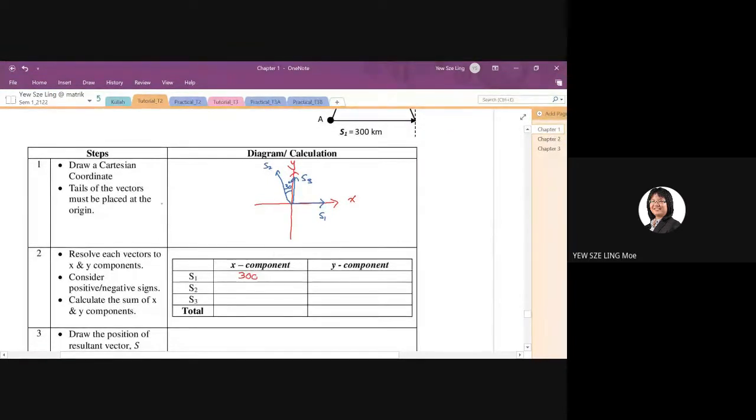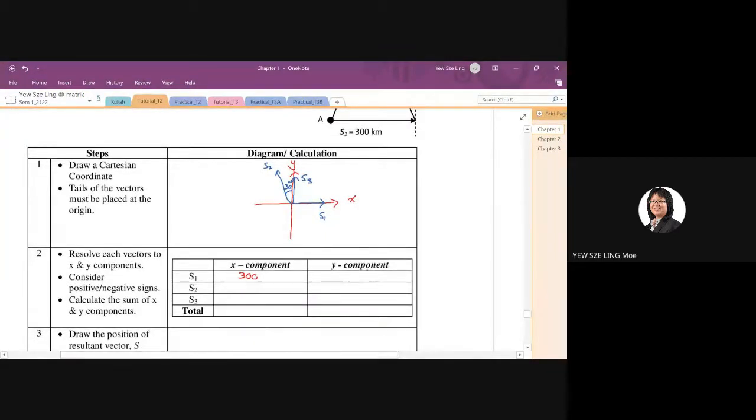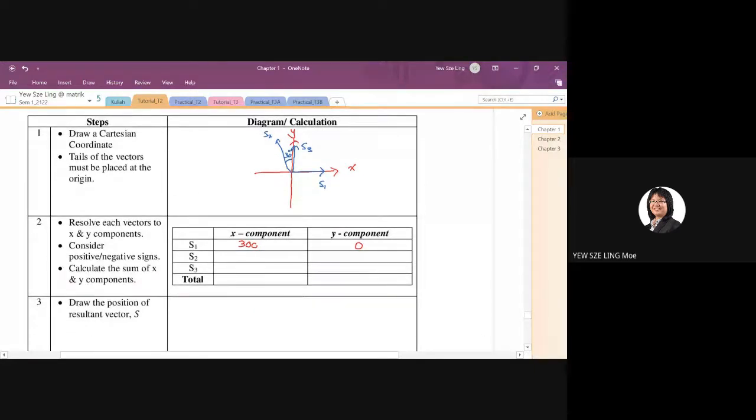You don't even have to resolve it, because the vector is placed on the x-axis. Then the y component is definitely equal to 0, because it doesn't move along the y component at all. It is unlike the other vectors, which are placed between the x and y components.